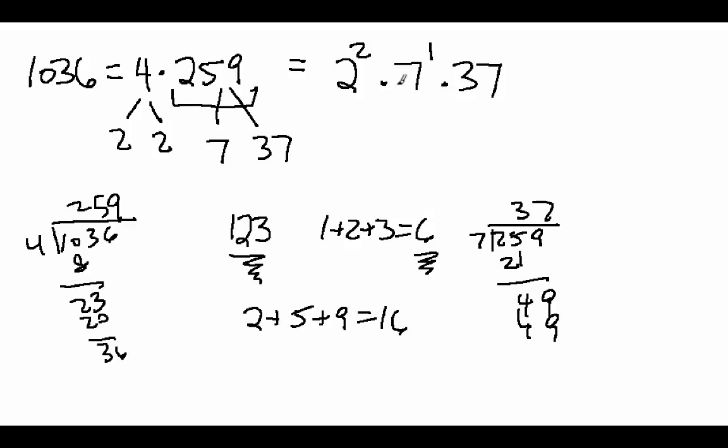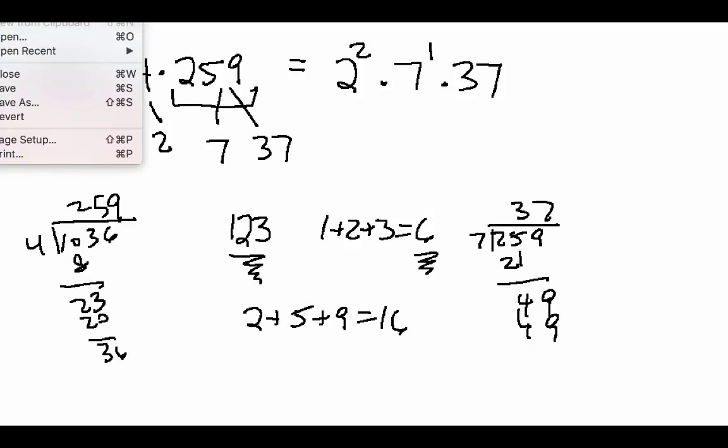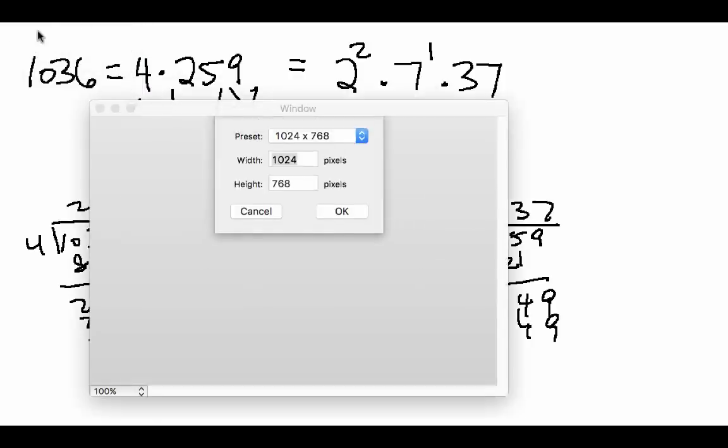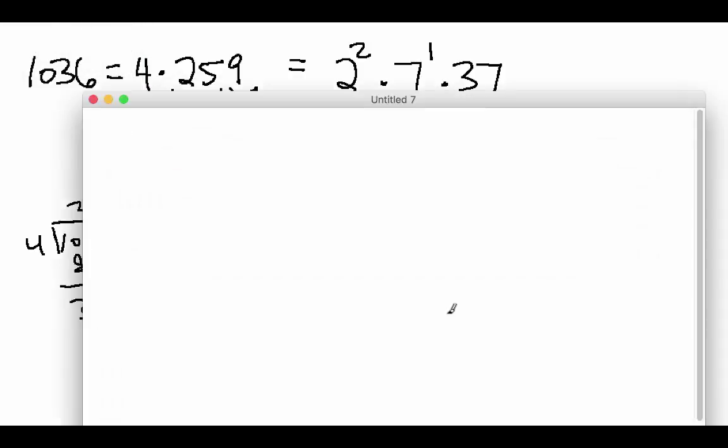Okay? This brings up another interesting issue. If you may recall, in the last example I was looking at 259. And the question is, is it prime? So the question is what test do I have for determining primality?